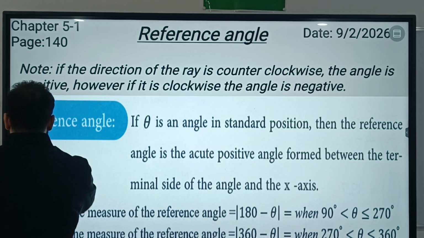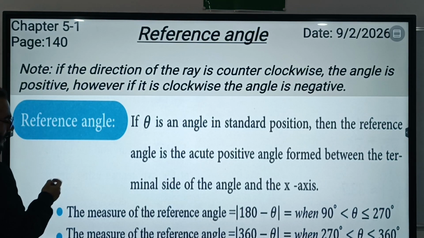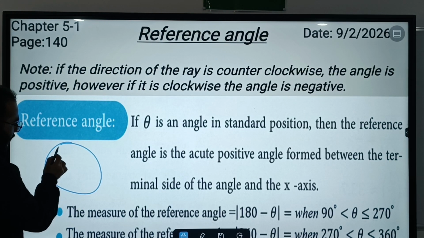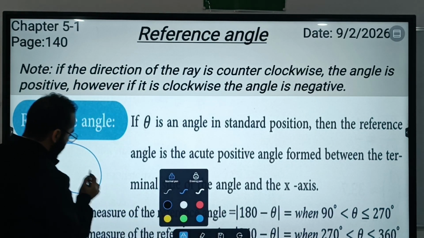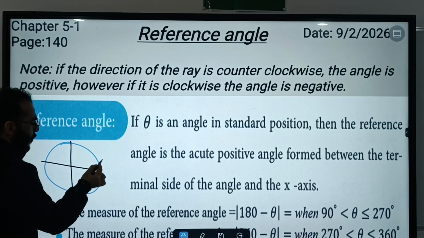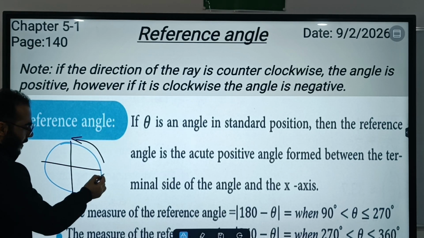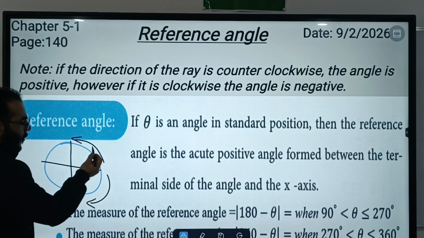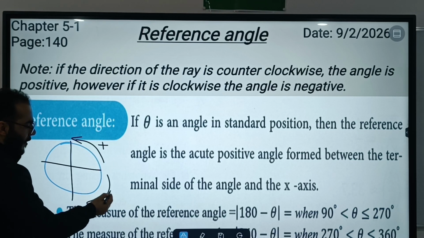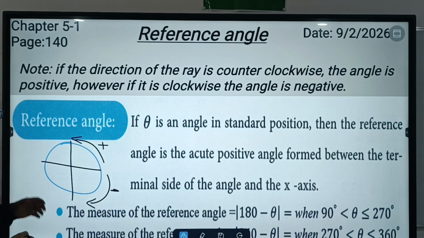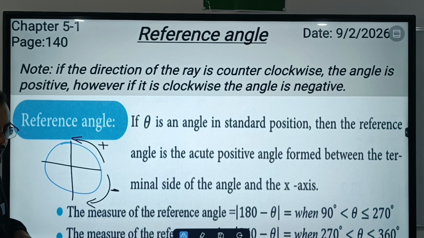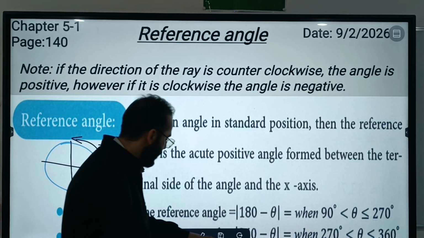Remember that circle we had right before this slide. If we move anti-clockwise, consider it as a clock, and this is clockwise. For anti-clockwise, the measure of the angle is going to be positive, but for clockwise, the measure is going to be negative. And I hope that it is understandable.